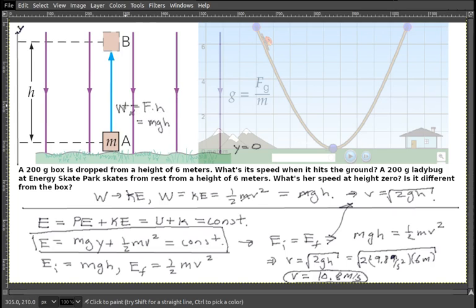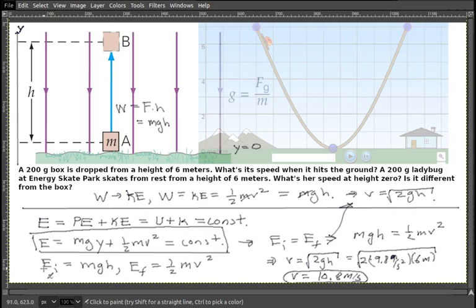The first way I looked at it was just to say the work we did against gravity initially to lift the box was mgh. All of that work ended up becoming the kinetic energy at the bottom, the 1/2 mv squared. So I set them equal to each other. Conversely, it's equivalent to look at it this way, just to say energy is conserved. Thus, potential energy plus kinetic energy is constant.